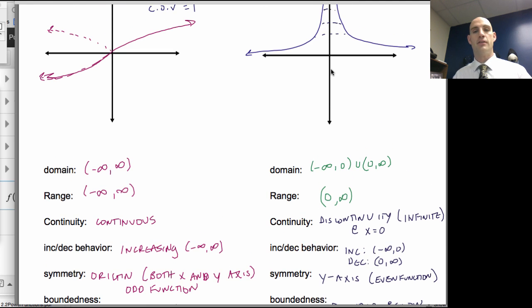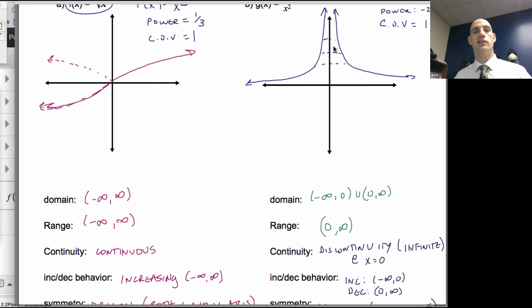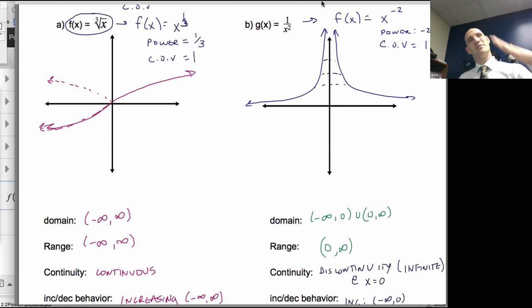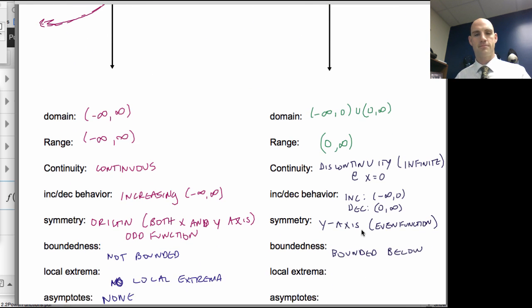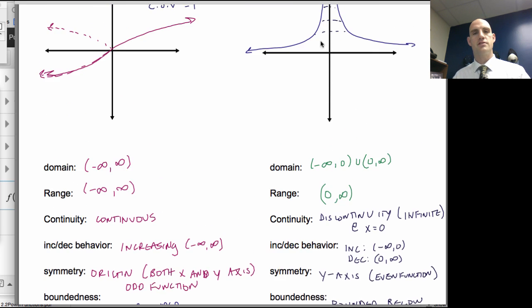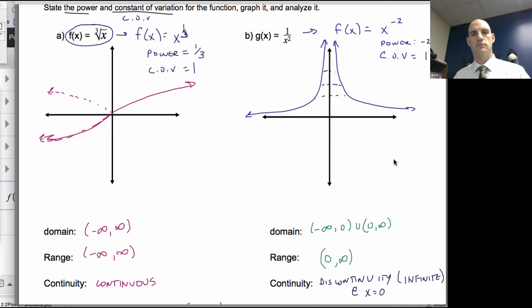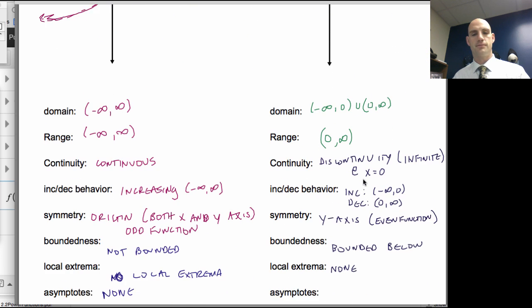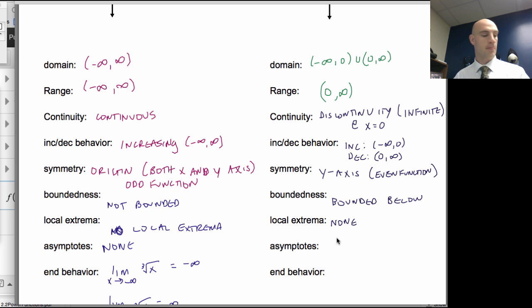And as we've talked about boundedness before, it's a boundary where it doesn't go anymore. So above, it's not bounded above because it keeps going, but it is bounded below because it gets to this 0 threshold and it can't go below that. Local extrema, we don't have any in this one. There's no places where it's changing over to increasing versus decreasing.